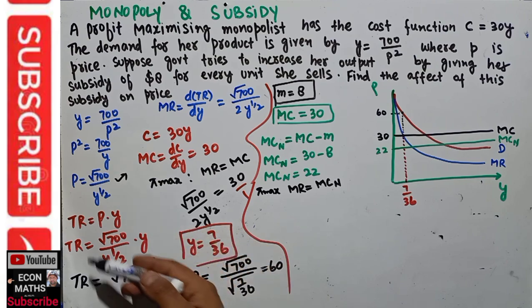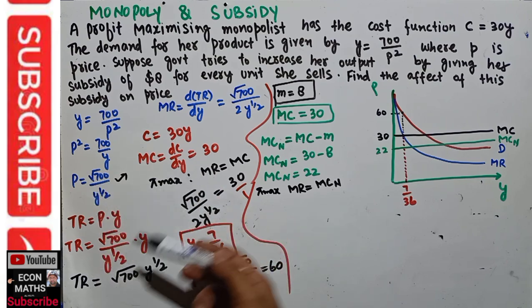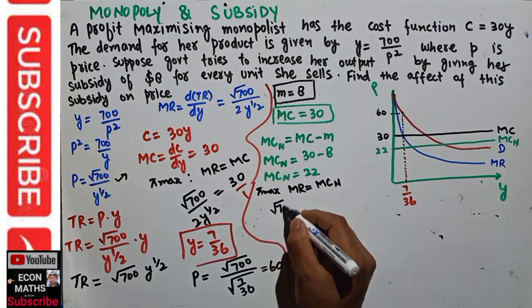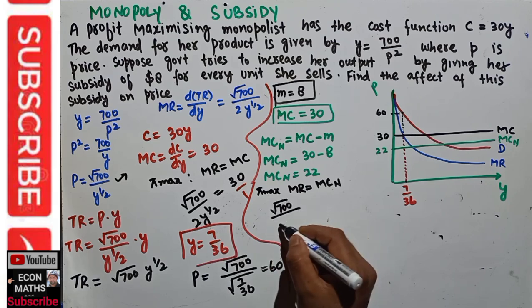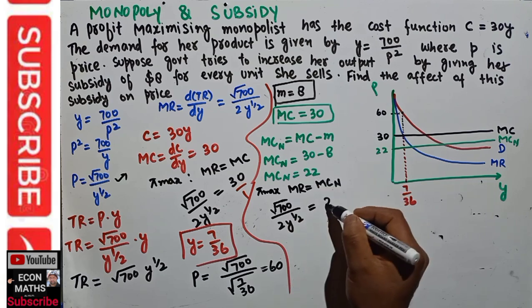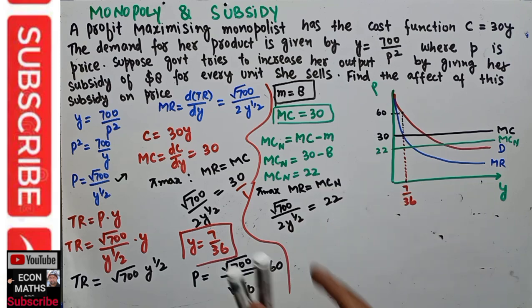Marginal revenue we calculated as square root of 700 divided by 2y raised to the power 1/2, and we equate it with this new marginal cost, that's 22. Again we need to solve it for y.